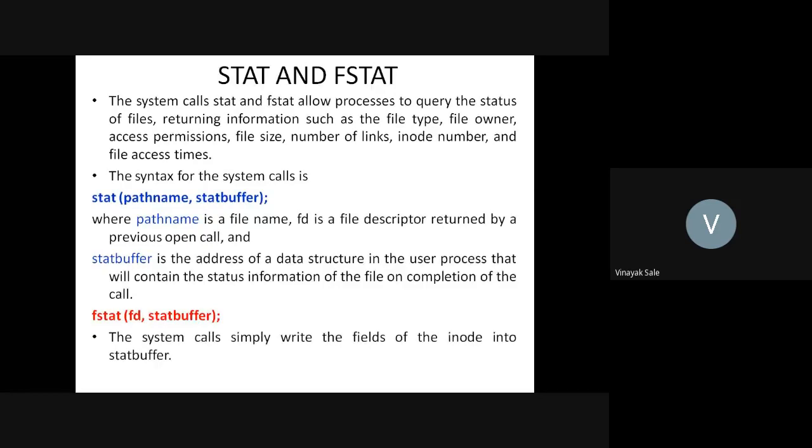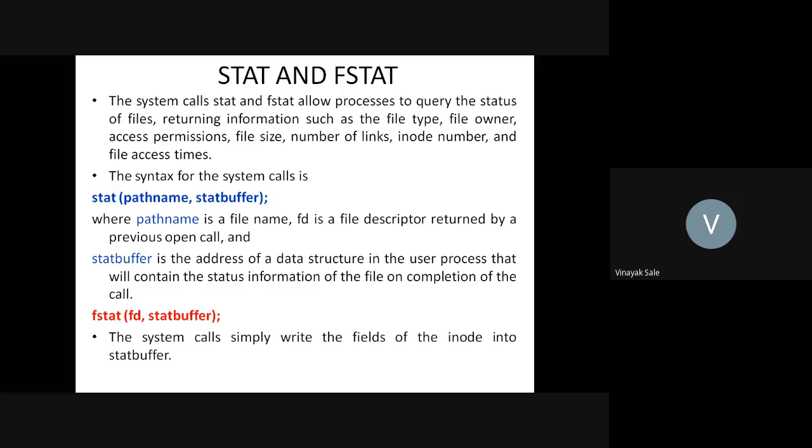So stat indicates the general information regarding that file: file type, ownership, different access permissions, the size of the file, number of links, inode number, and the time the file was last accessed.